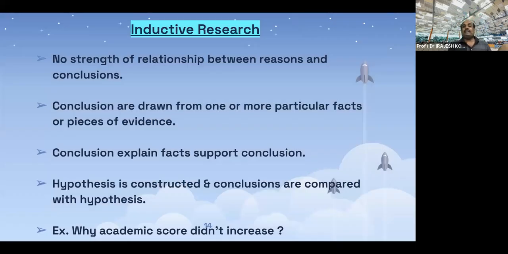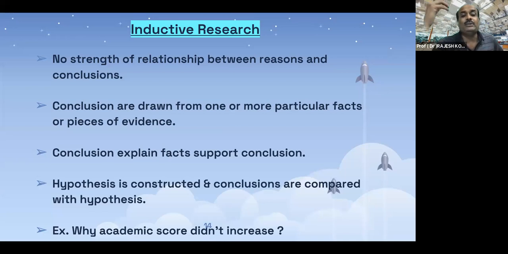Next is the inductive approach, exactly opposite to deductive. Here, from the facts we go to the bigger view of the information. There is no strength of relationship between reasons and conclusions. Conclusions are drawn from one or more particular facts or pieces of evidence. We go on adding the evidence, and then it gives rise to a new theory or a new model. The conclusion explains the facts, and the facts support the conclusion. A hypothesis is constructed and conclusions are compared with the hypothesis.